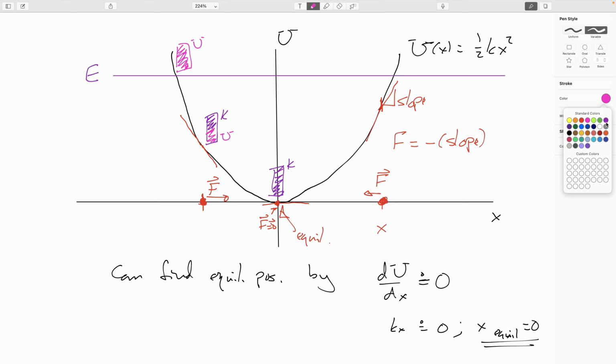So this point right here is a point beyond which the particle cannot go. We call this the turning point.